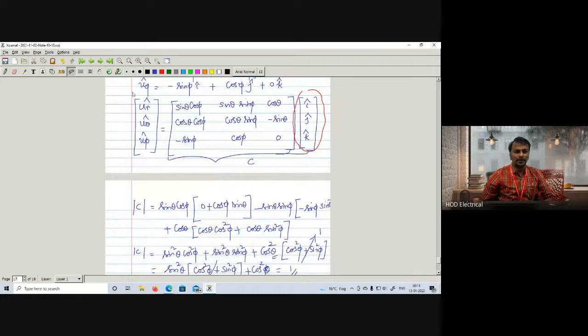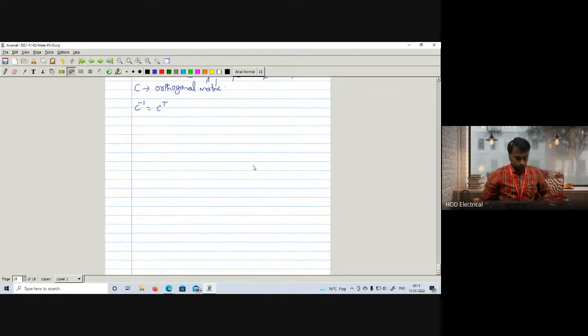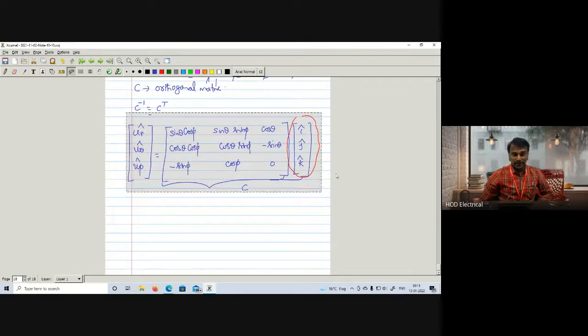Let me copy this entire matrix that we have done, so that you can understand. This is the C matrix.